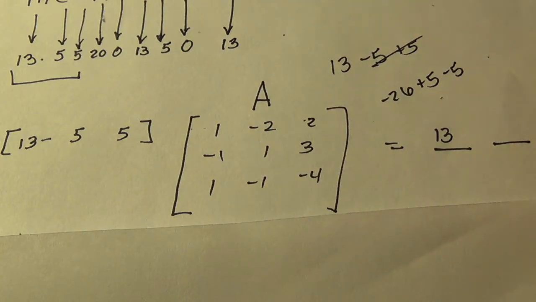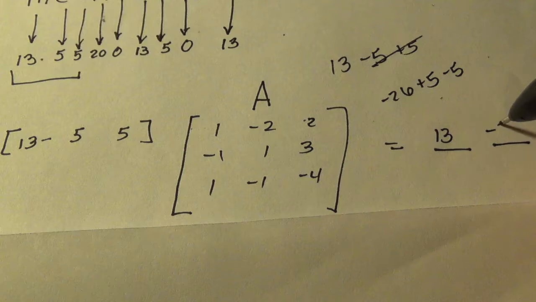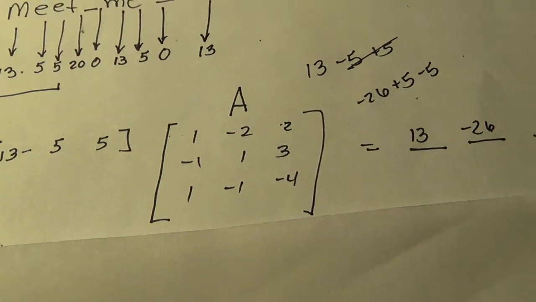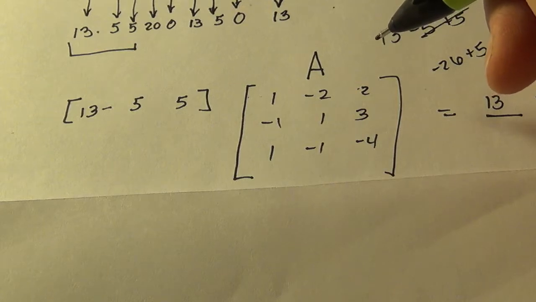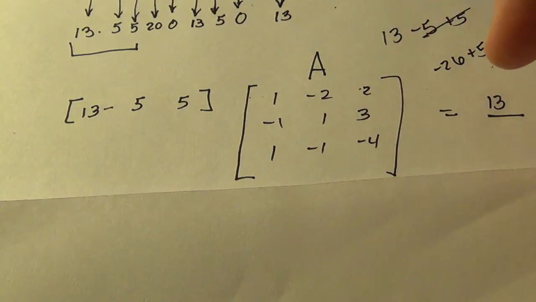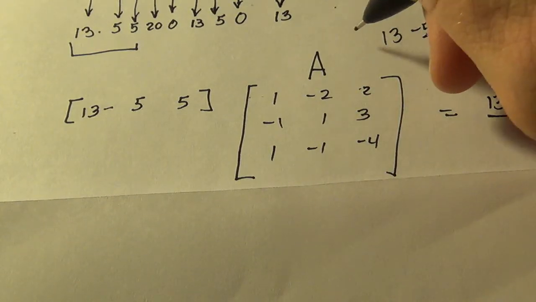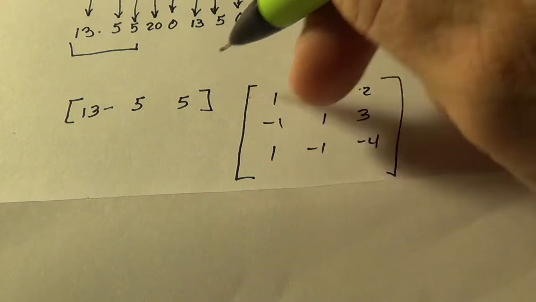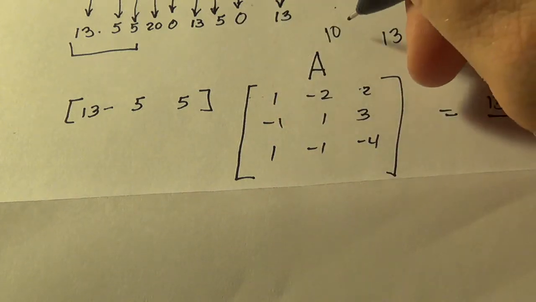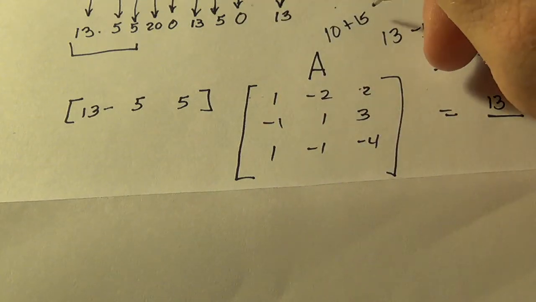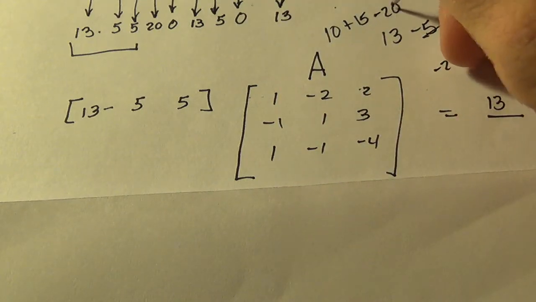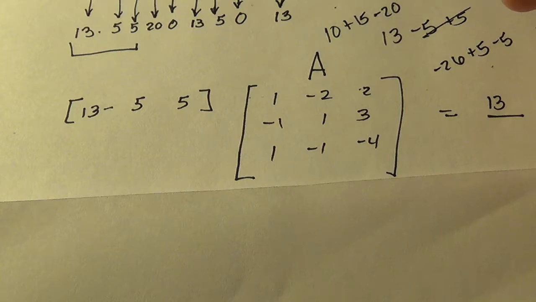So I got a -26. And the last one, 5 times 2 is 10. 5 times 3 is 15. And 5 times -4 is -20. So that gets me to a 5.